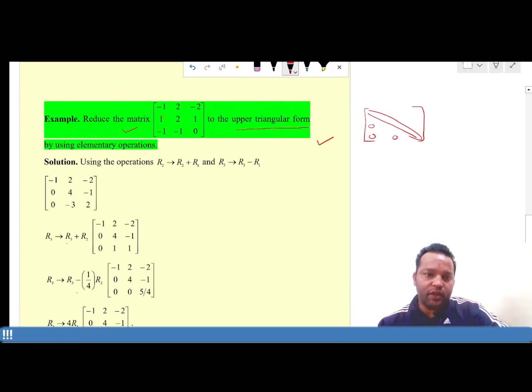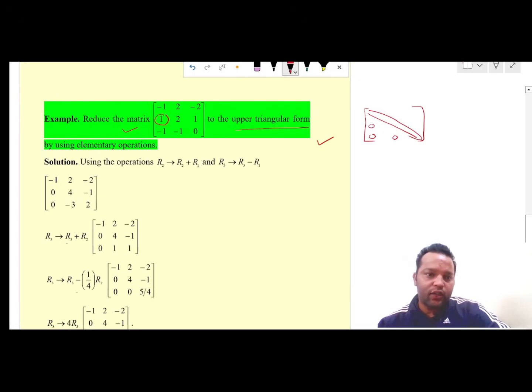So our objective is to reduce the entries 1, -1 and -1 into 0. That resulting form will be our required upper triangular form, and we have to apply the elementary transformations.